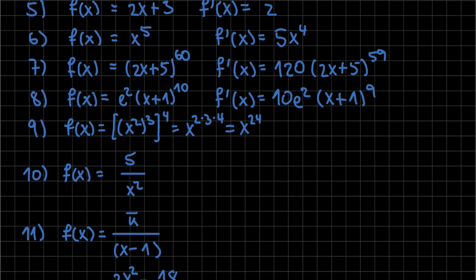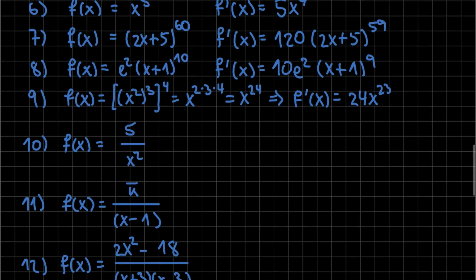And this is, again, just a simple application of the power rule. So we get that f dash of x, the derivative, will be equal to 24x to the power of 23.